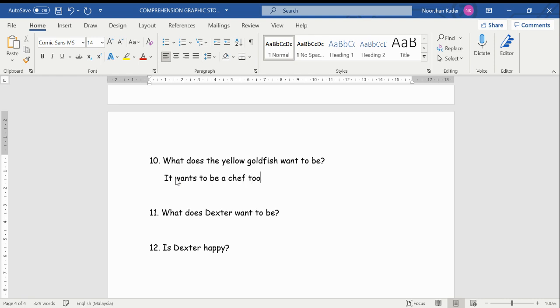Two. Why two? Because it has already wanted to be other occupations, but now it wants to be a chef. So you have to add two. It wants to be a chef too, because this is the last one. There are also 2 others. So this will be the last question for frame 3.